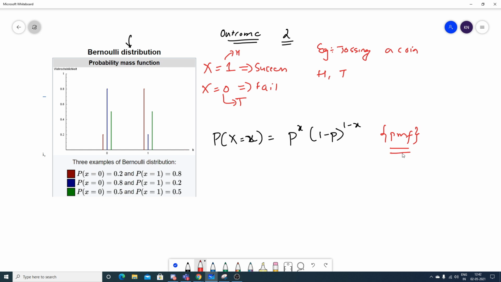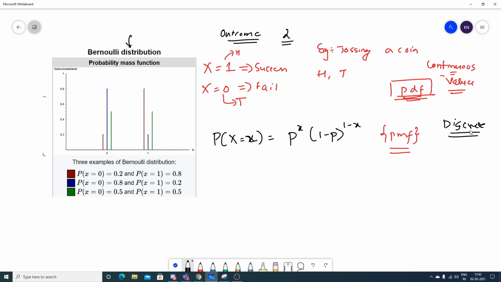Now you may not have heard about the probability mass function because there is also something called the probability density function. Whenever we use a probability density function, the outcome is a continuous value. In the case of a probability mass function, your outcome is a discrete value.